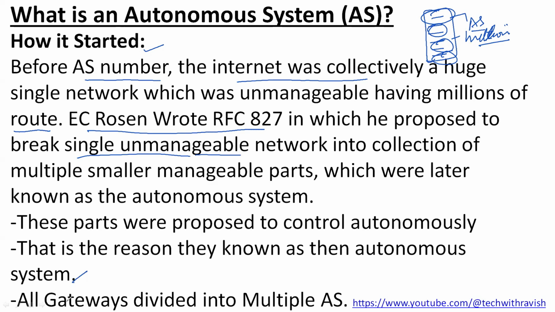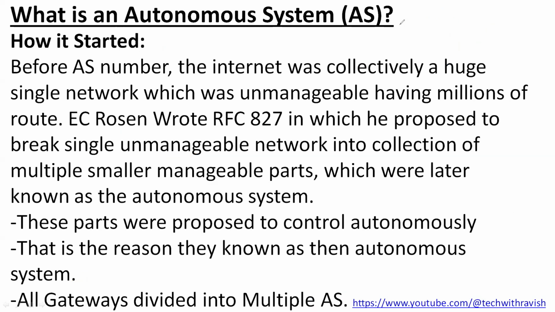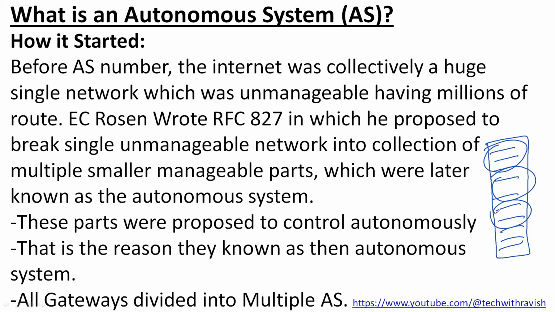So all gateways are divided into multiple autonomous systems. What he proposed was to divide the global routing table into smaller segments that can be easily managed by the routers of an ISP, right?